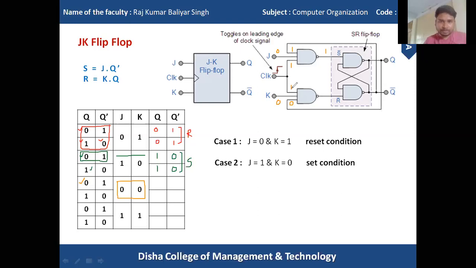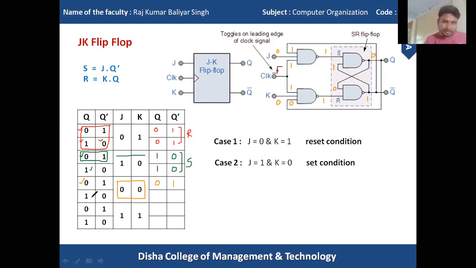For this case, 1 0 0, the produced value is 1. This 1 is supplied to this NAND gate, and it will produce 0. That 0 is connected to this NAND gate as an input value. Now this NAND gate receives two input values, 0 and 1, and it will produce 1. This 1 will feed back to this NAND gate. Now this NAND gate will receive 1 and 1, and it will produce 0. So we are getting q equals 0 and q naught equals 1.